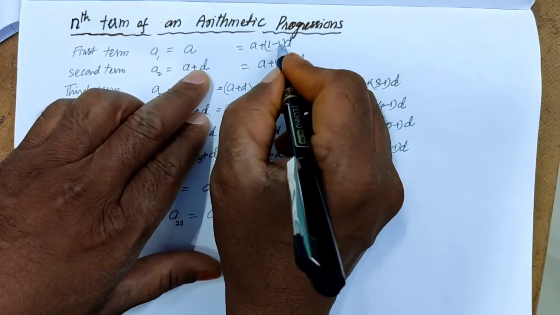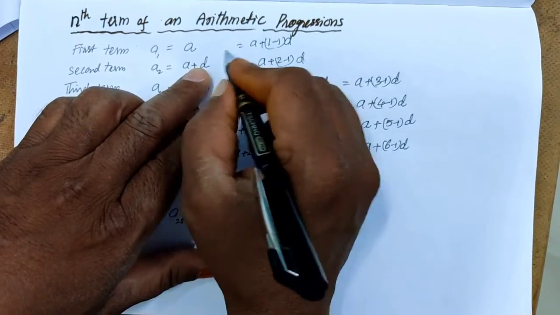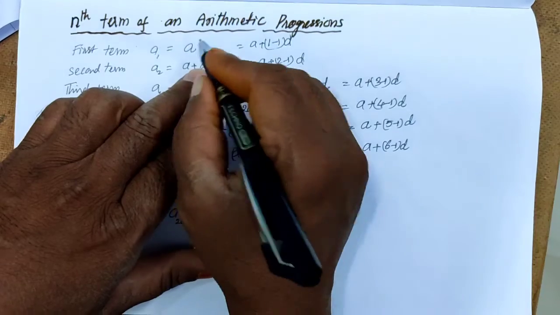So 1 minus 1 is nothing but 0, 0 into d is 0, so it is a.